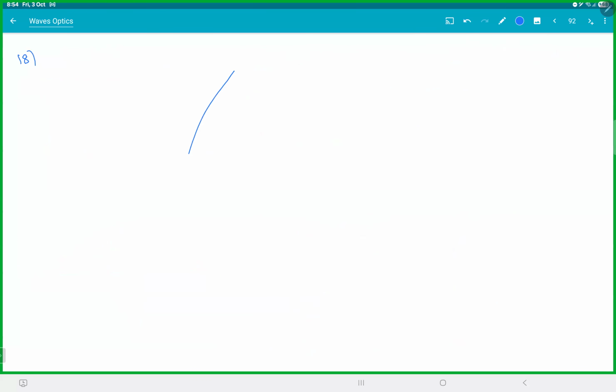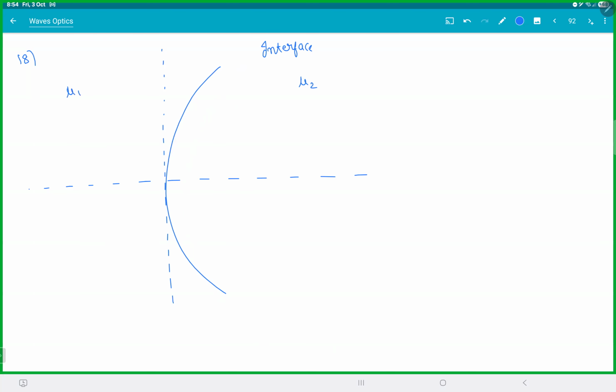Let's say we have an interface, a curved interface. The right side is mu2, the left side is mu1. It's not a lens, it is just one interface there.